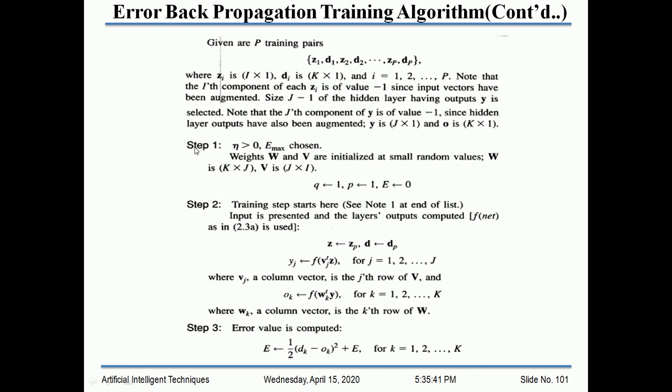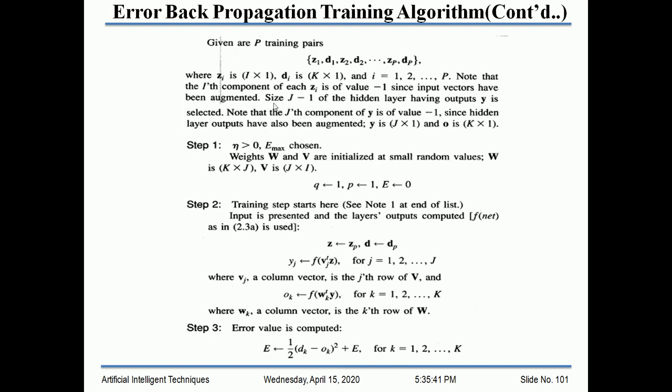This is a brief introduction to the size of the inputs, the output of the hidden layer and the output of the output layer. Now coming to step number 1: eta, which is called the learning rate, is chosen greater than 0, and the maximum error Emax is also chosen.